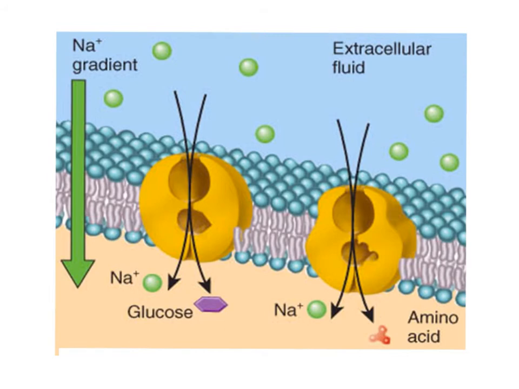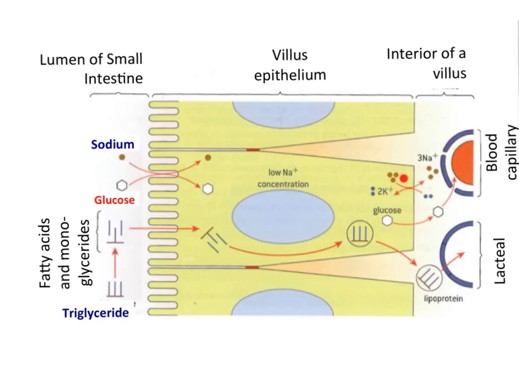Sodium is actively pumped out of the cell to be available for the co-transport of glucose or amino acids. In this diagram of an epithelial cell of a villus with its microvilli, we can see the co-transport of glucose alongside sodium happening right here. Sodium is actively pumped out of the cell here.